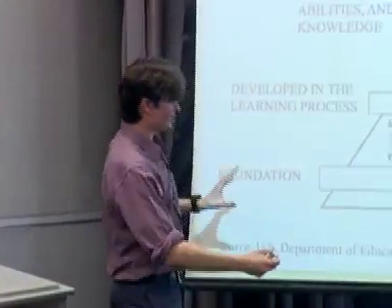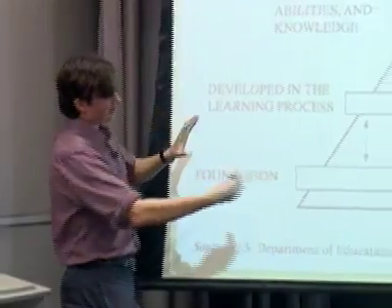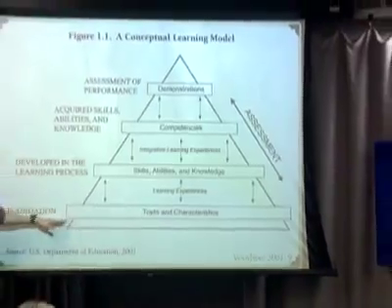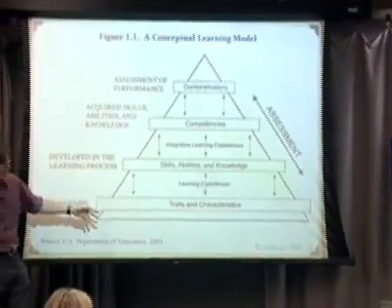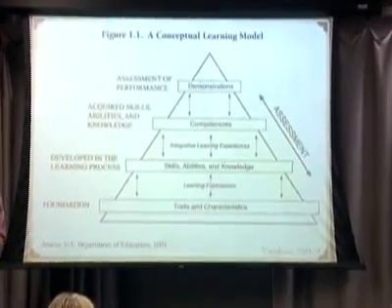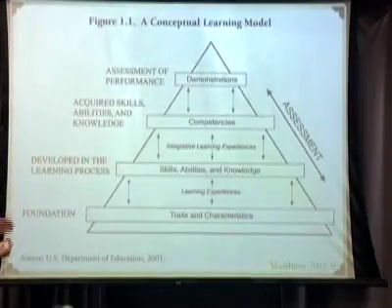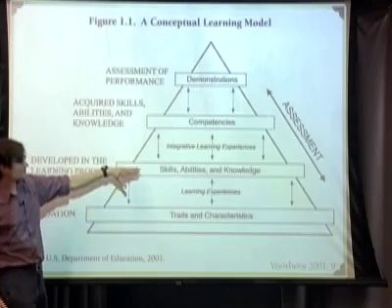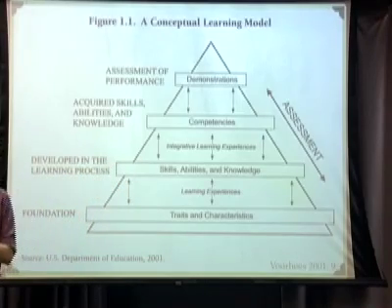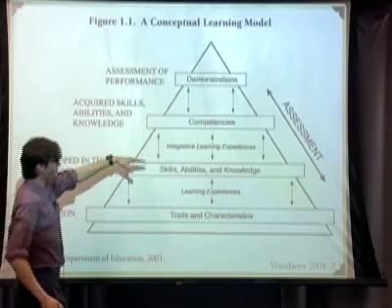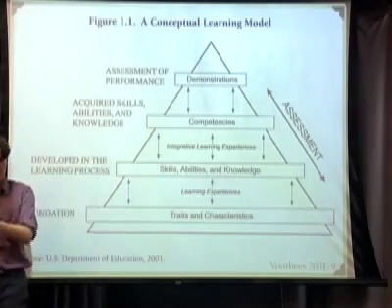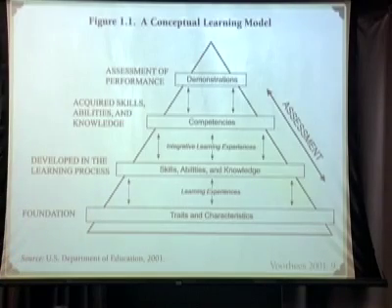The Department of Education has this diagram of what competencies are relative to many other things. One of the basic things in terms of foundation for all learners are our individual biological and social traits and characteristics. Built upon that, as we go about learning in classroom and outside of classroom, we develop skills, abilities, and knowledge. And then competencies take that into a specific kind of direction in which you integrate those skills and that knowledge to perform specific tasks.